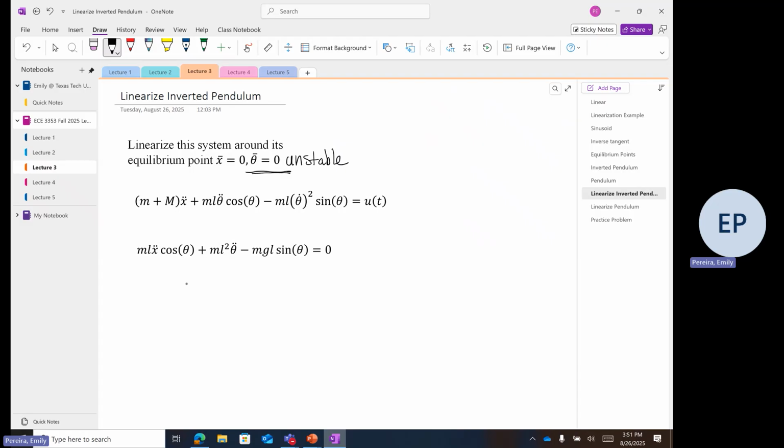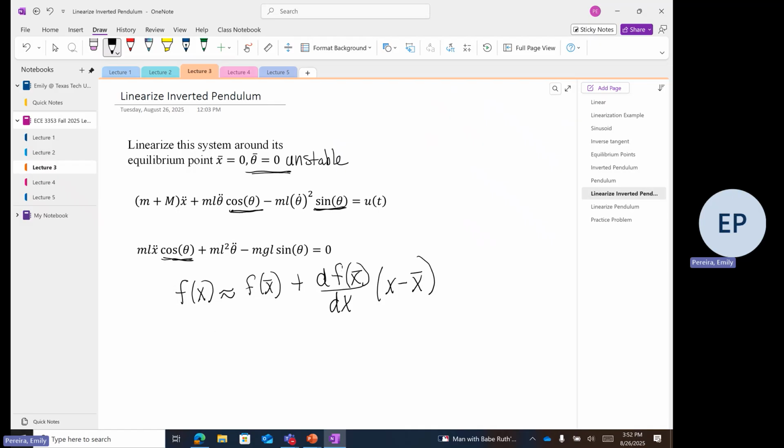All right, so as a reminder, f of x is approximately equal to f of x bar plus the derivative of f of x bar times x minus x bar. So we need to first identify our nonlinear terms. We know that cosine is a nonlinear term and sine is a nonlinear term.